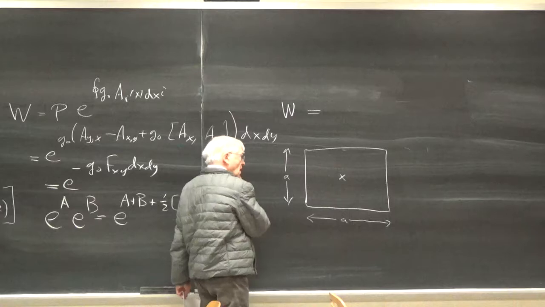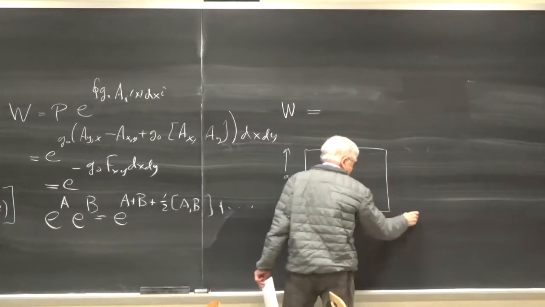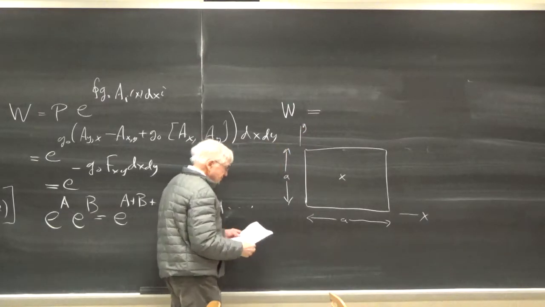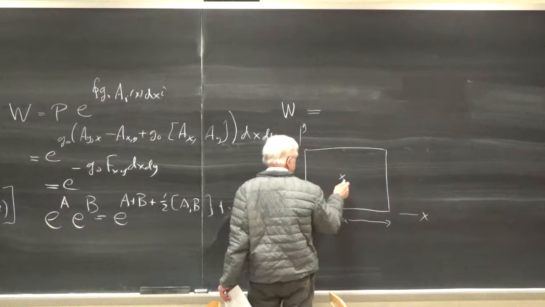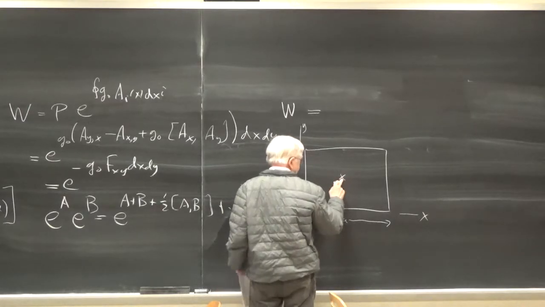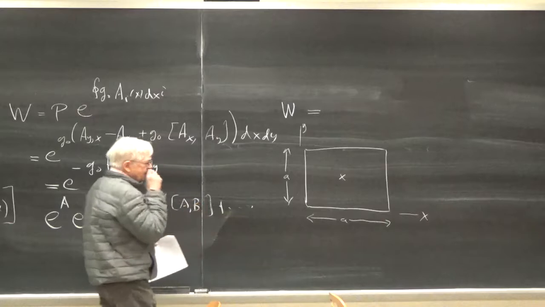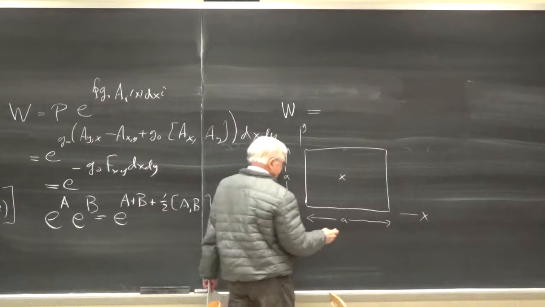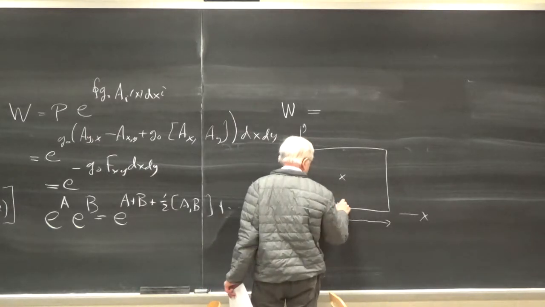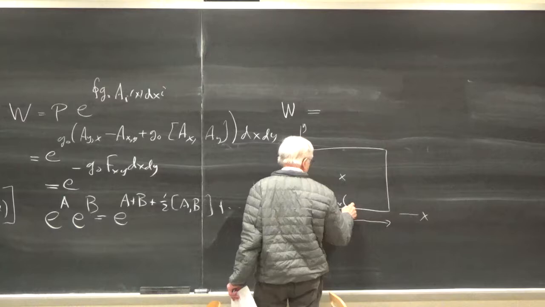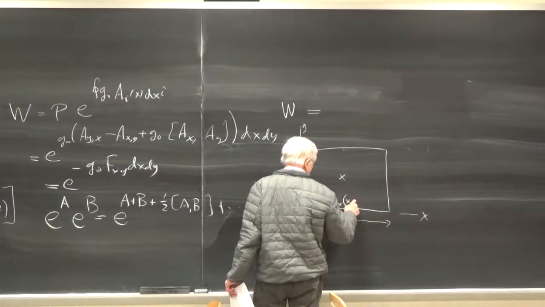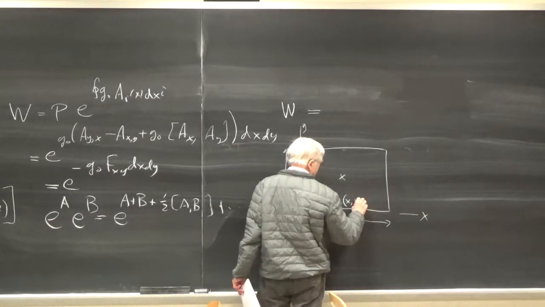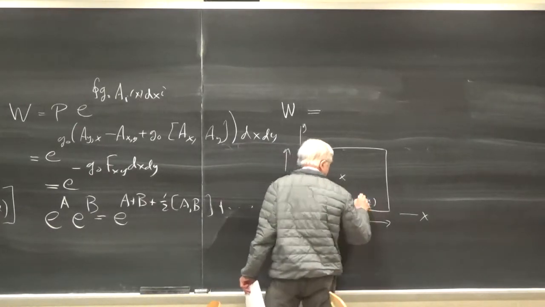And suppose this is the x direction and this is the y direction. So if the fields are, so to speak, imagined to depend upon the point x at the center of the square, then the field here would be A_x of, I'll just put in the xy coordinates, x, y minus a over 2.